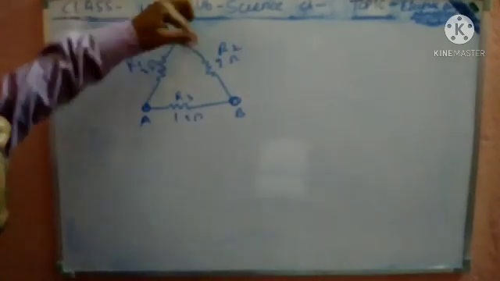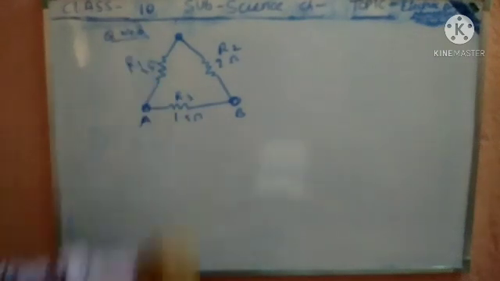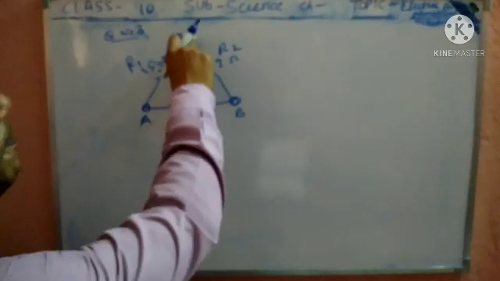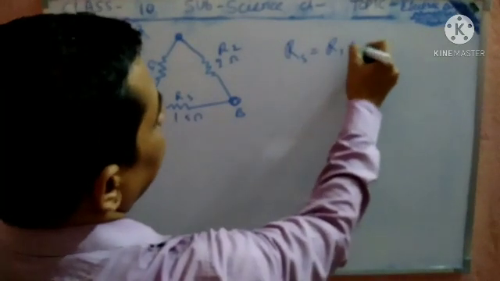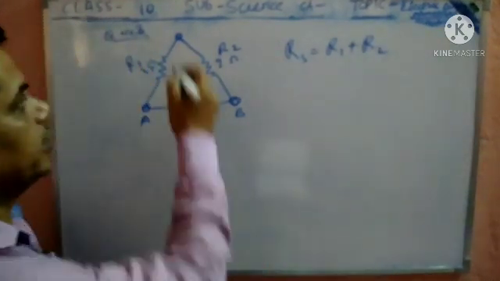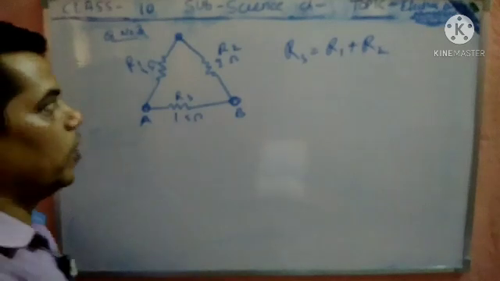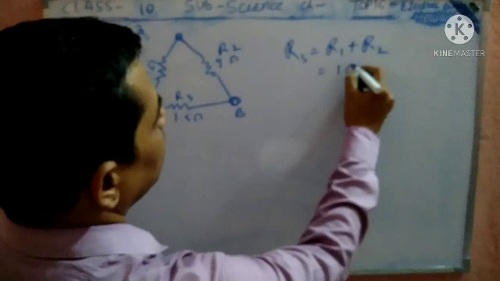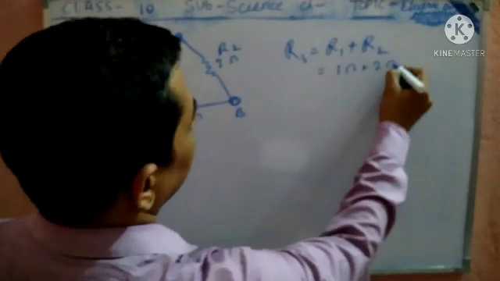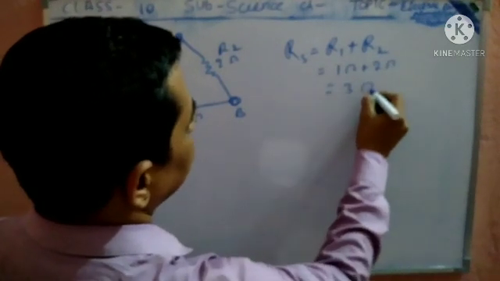R1 and R2 are in series because no node is present between them. So R series equals R1 plus R2, that is 1 ohm plus 2 ohm, equal to 3 ohm.